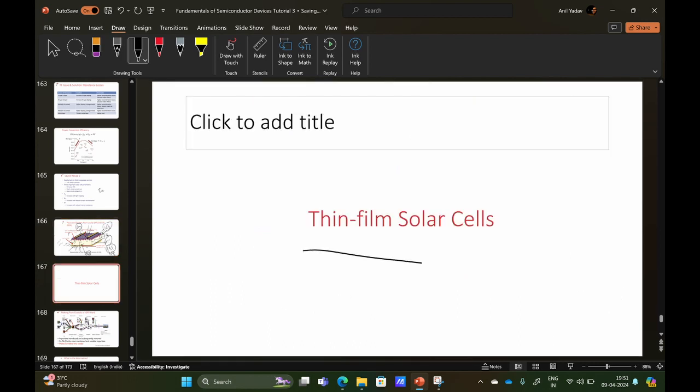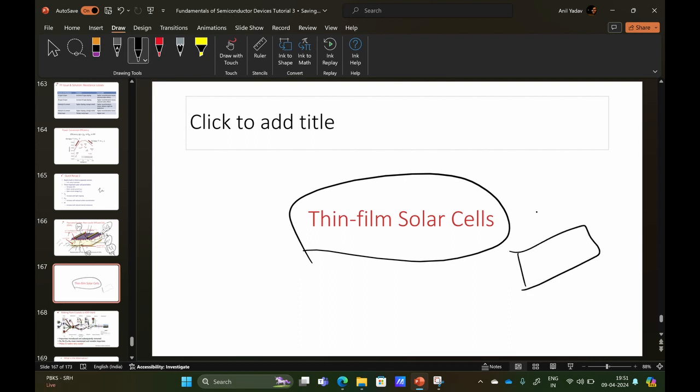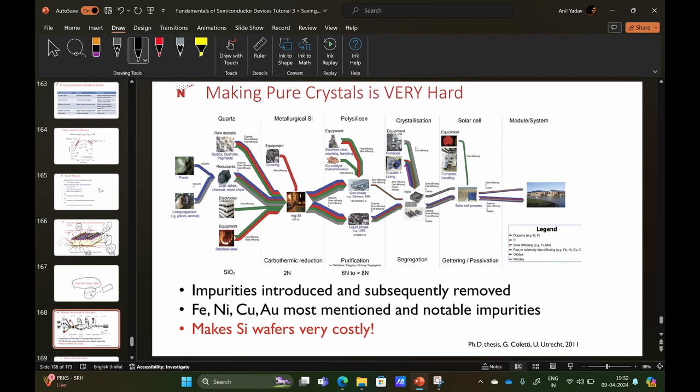In thin film solar cells there is an absorber layer which is very thin, one or two microns thick. Just this much thick layer can absorb the light and convert it to electricity. We will see how these are made.